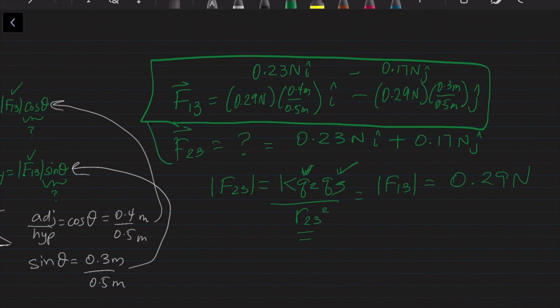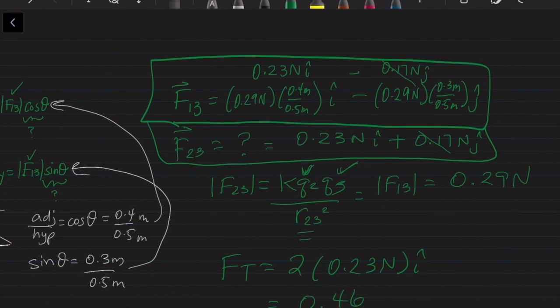Now you can see when you add those two together, the y's go away and the x's double, so our total force is going to be 2 times 0.23 newtons in the i hat direction, which is 0.46 newtons i hat.